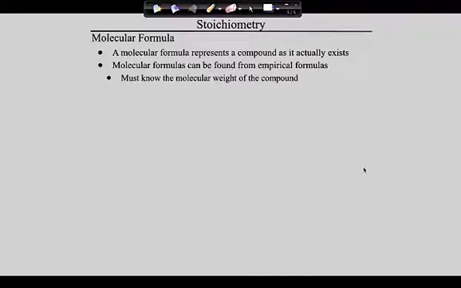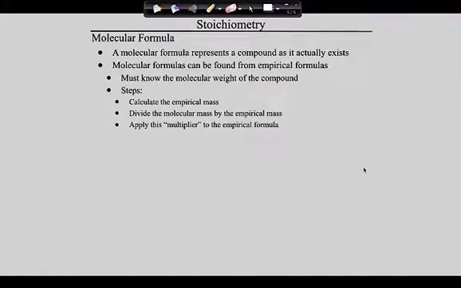Well, to do this, we need to know the molecular weight of the compound. And I know that this seems weird, but it'll make sense in a minute. So let me give you the steps, and then we'll do it. So if we know the formula or molecular weight of the compound, here are the steps.